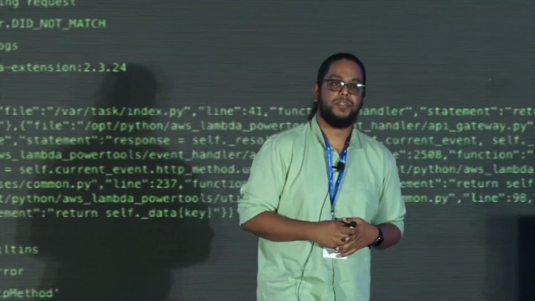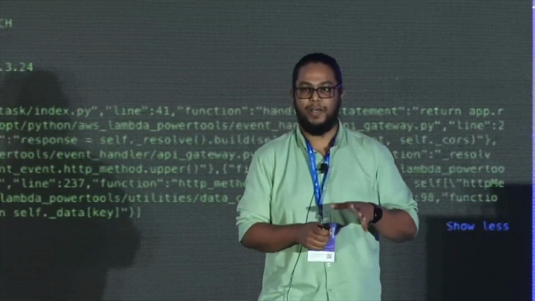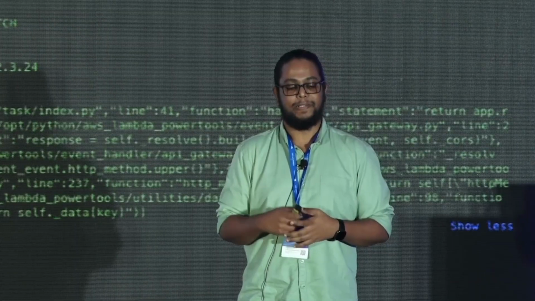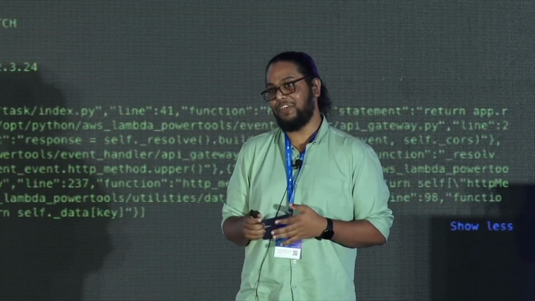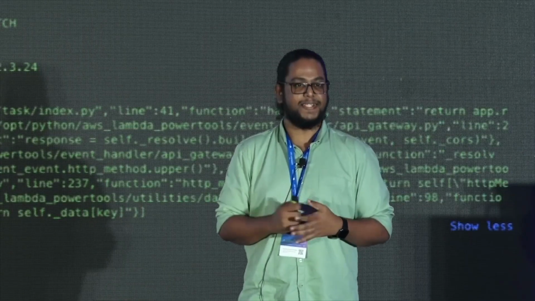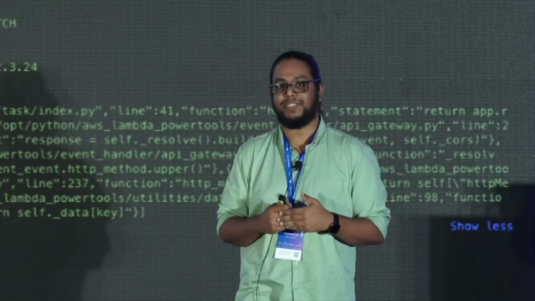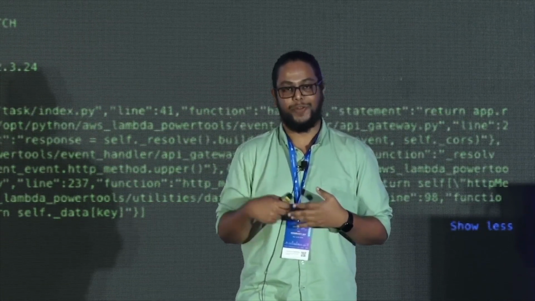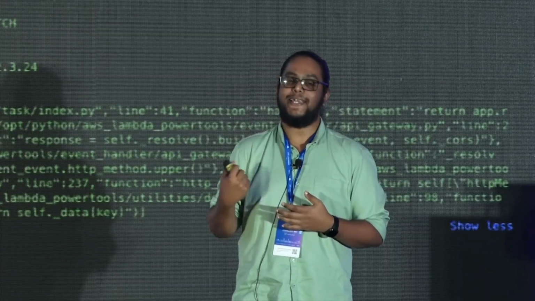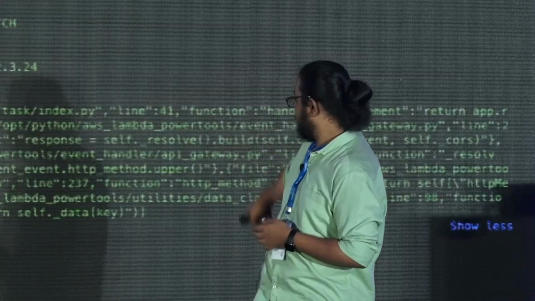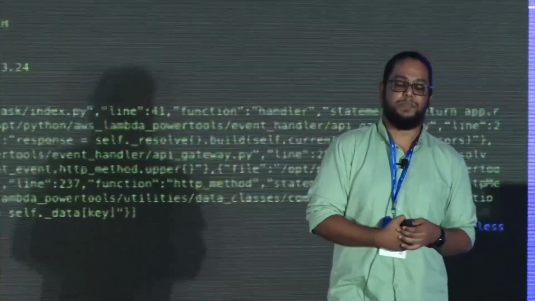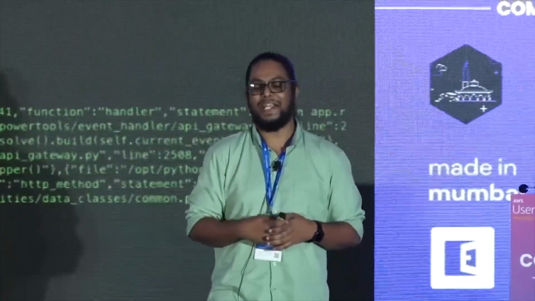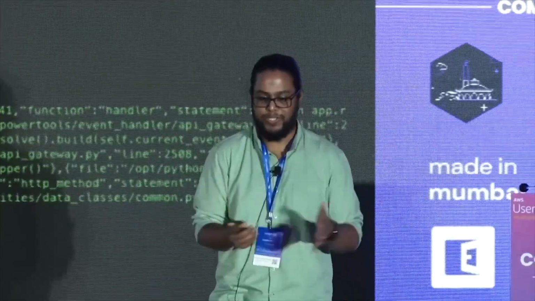When we are working with exceptions, we don't just want an error message in our logs. We want more information. The Logger utility has something specific for exceptions, where it injects the stack trace that it followed and also information about the traces, so that when you look at the log, you can see a huge green area here, which is basically the stack trace that the Logger utility of PowerTools injected into my log, and I didn't have to do anything.